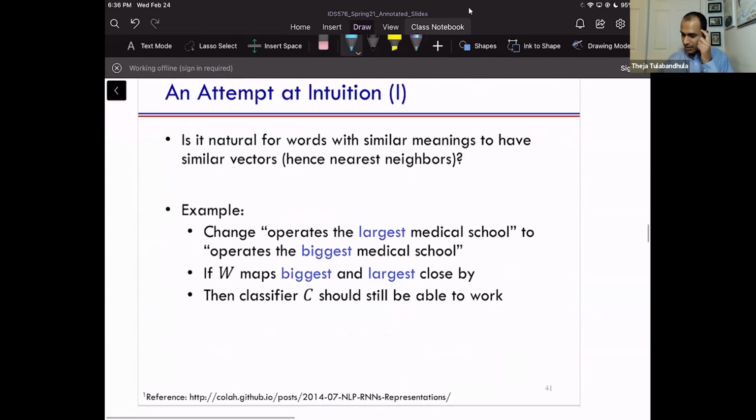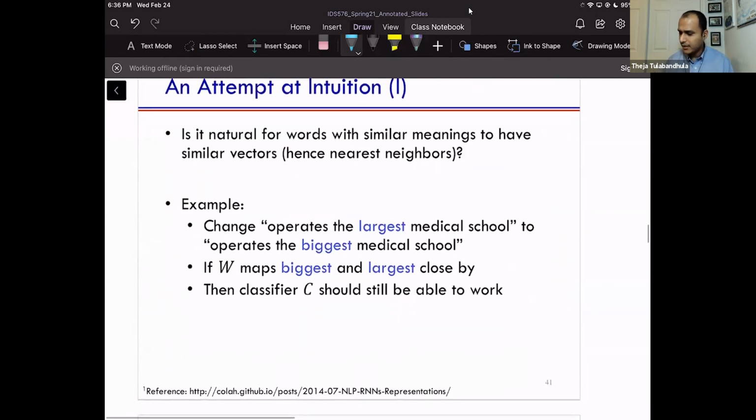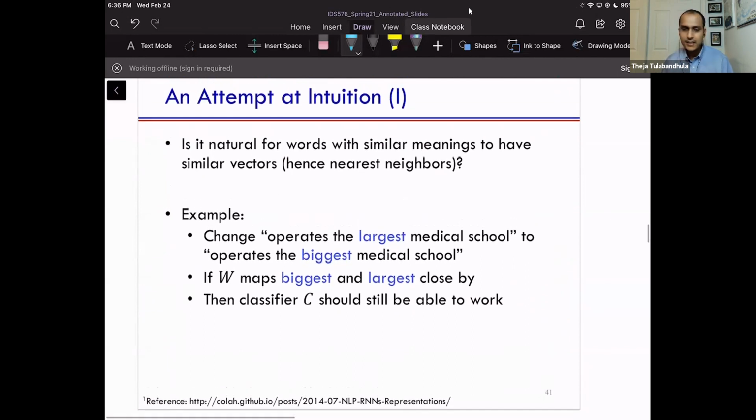Next, let's talk about a little bit of intuition. What do we want to get out of these embeddings? Words with similar meanings should have similar vectors. Does this make sense? I think this type of vector embedding makes sense.